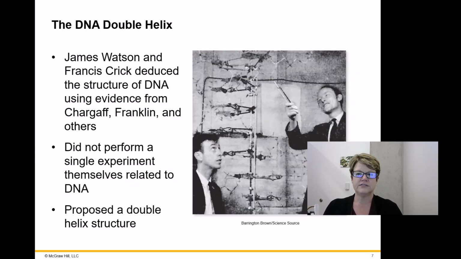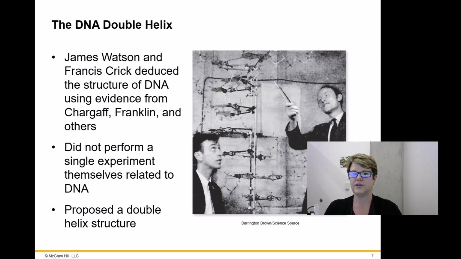Some other scientists were working on the DNA question, and 2 of them are James Watson and Francis Crick. And they were actually not supposed to be working on the DNA question. They had other projects that their boss wanted them to work on, but they were very interested in the structure of DNA, and so they went around England.